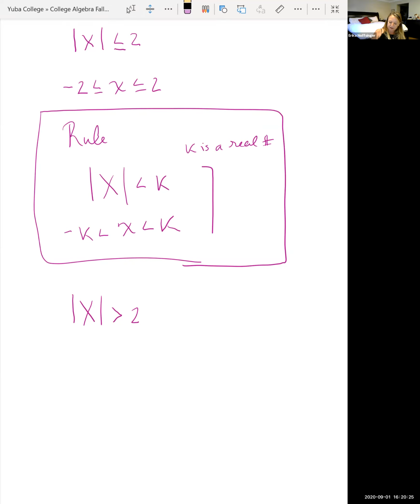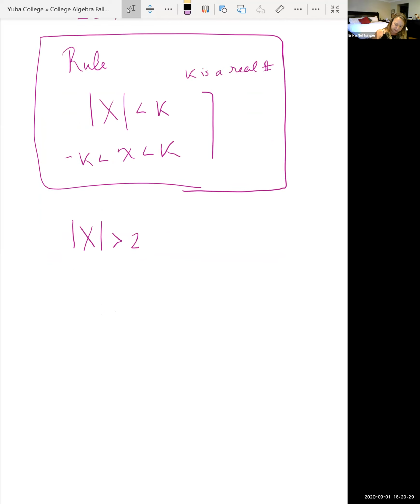But to drop it when it's a greater than sign or a greater than or equal to, the rule says we have some expression and the absolute value of that expression is greater than or equal to some value of k. Then to drop this absolute value sign, we have x is greater than k, or x has to be less than negative k.